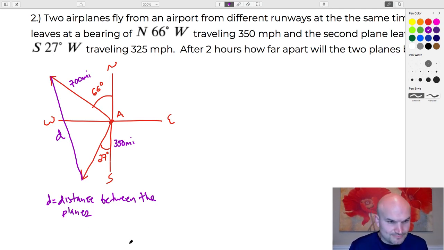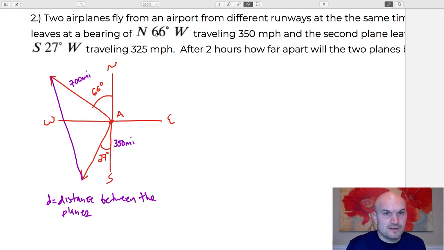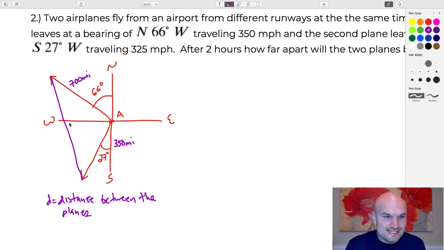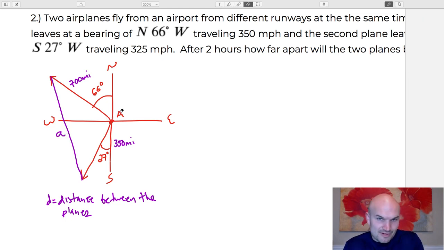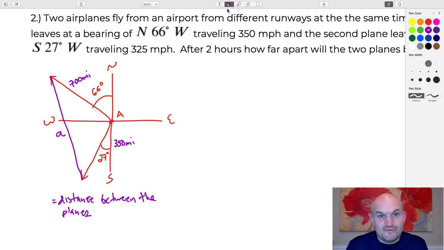Actually, you know what? That is bad. Let's keep this consistent with our variables, and let's make this a lowercase a. So we have an uppercase A, and then a lowercase a. Is that necessary? No. You can make the variables anything you want to. But to keep things consistent with the angles and the side lengths, I think this makes sense.